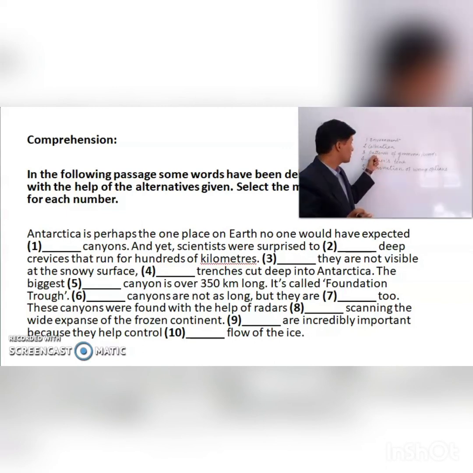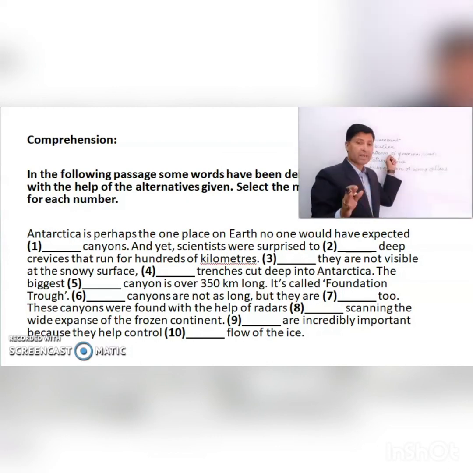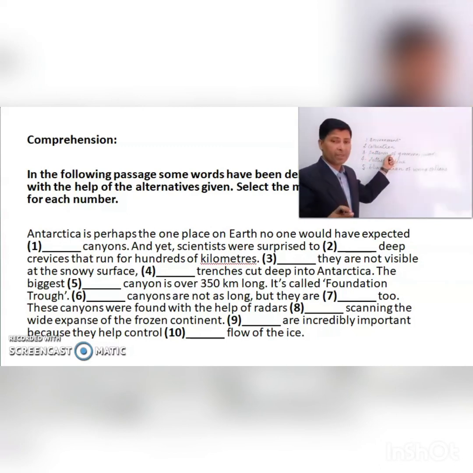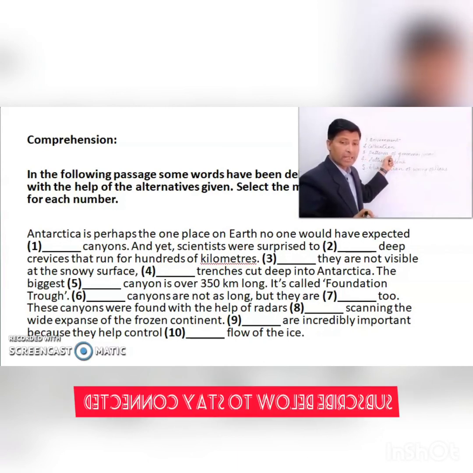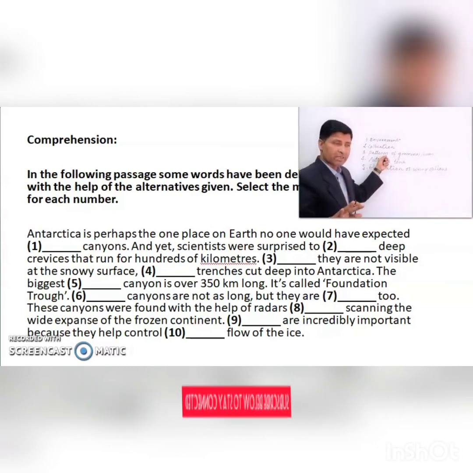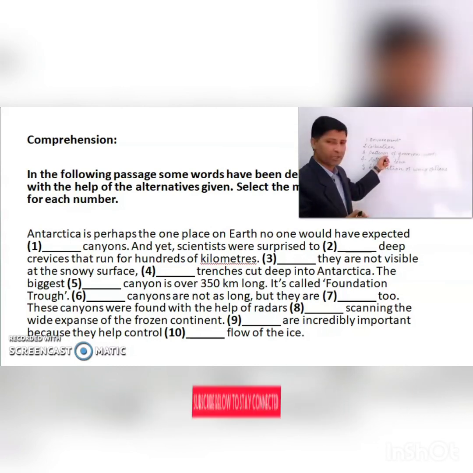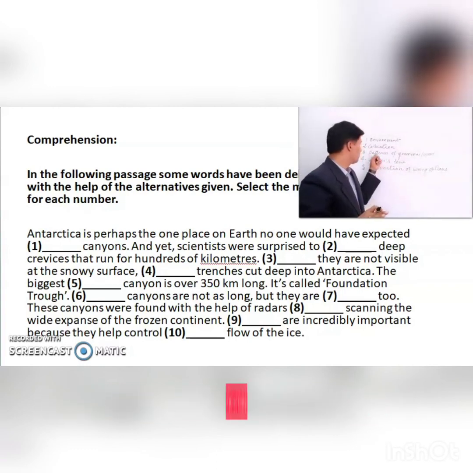So after plus scanning forms a pattern of grammar, because a preposition is followed by a noun, pronoun or gerund, and scanning is a gerund, a verbal noun. Then number 9: they are. Again a pattern of grammar. A plural subject will be followed by a plural verb. The verb has been given and you have to match the subject. And the last one is again a pattern of grammar.